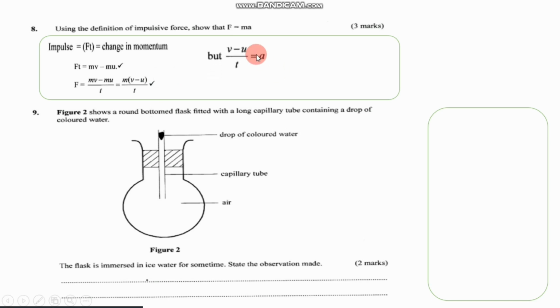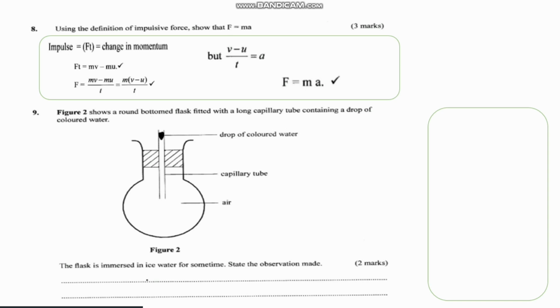Therefore, we find our equation as force is equal to mass times acceleration. So make sure you have a good background knowledge of Newton's first law, especially the second law of motion, for you to be able to understand how to derive this equation.